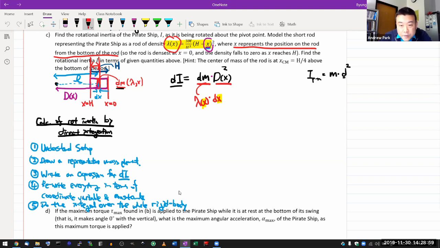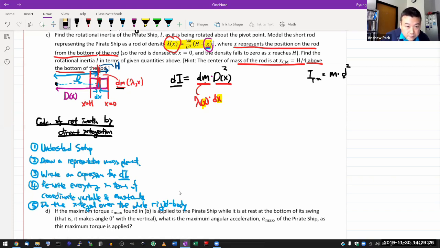Hint, the center of mass of the rod is at h/4 above the bottom of the rod. Okay, so I guess what I'm given actually is the portion that is not overlapping. So instead of the portion that's overlapping, I'm told the portion, so if this is where L ends, L is to the center of mass.